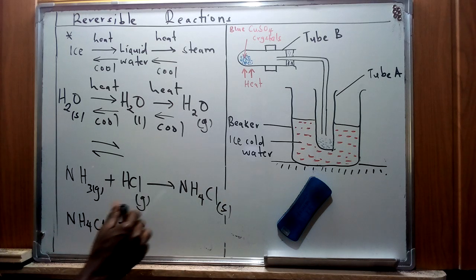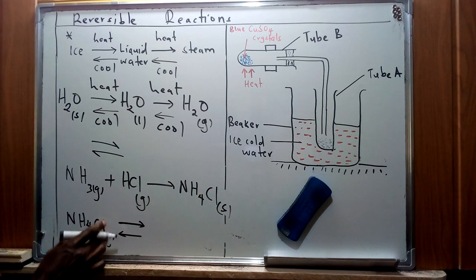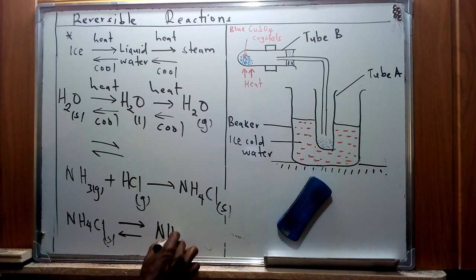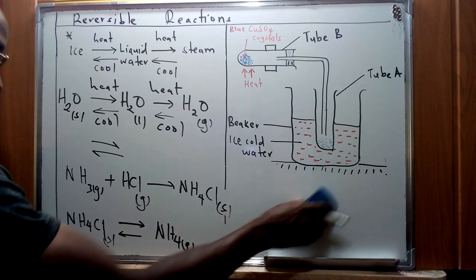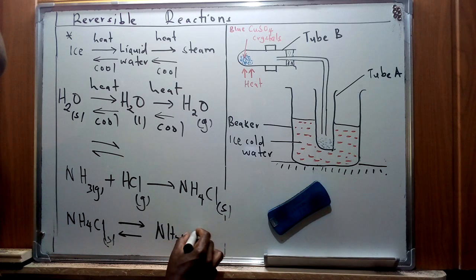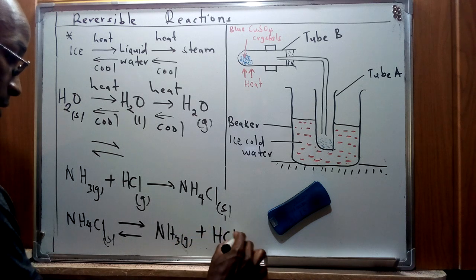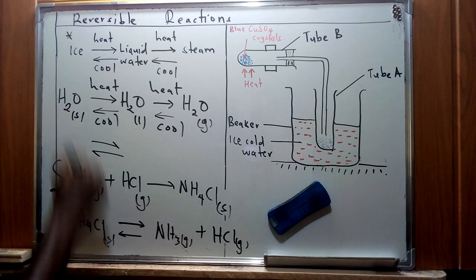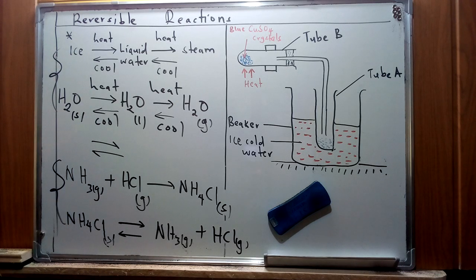It is being heated, and then we are going to have ammonia gas, NH3, plus hydrochloric gas in that respective order, so it's stoichiometric. So in this case, this is one of the reactions that we can refer to as a chemical reversible reaction, whereas the first one illustrates the concept of a physical reversible reaction.